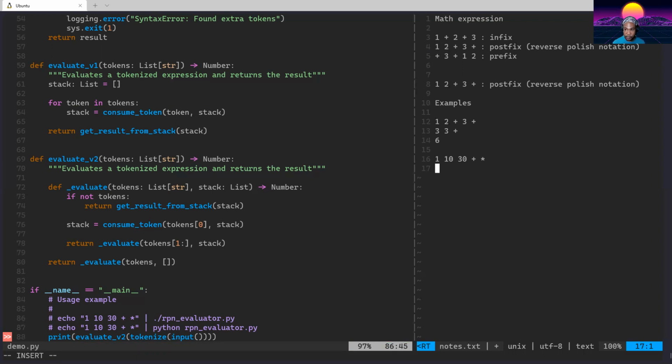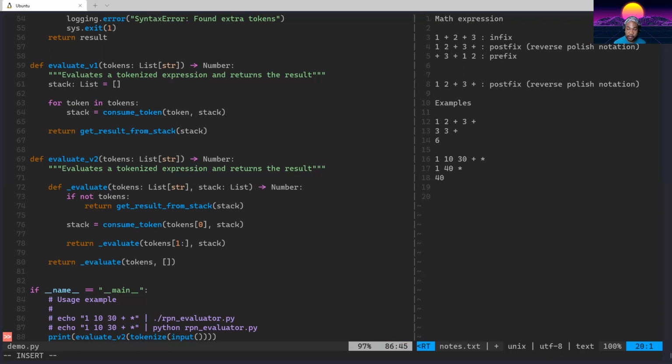What happens? Well, we have 1. The 10 and the 30 get added. So that's 40. And we are left with 1 times 40. That's 40. So we've already gone through 2 operators. Let's go through 2 more.